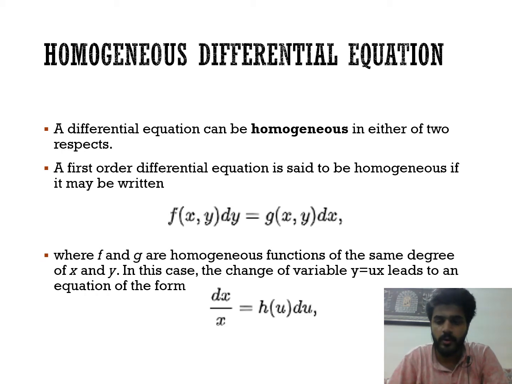A first order differential equation is said to be homogeneous if it may be written in the form f of x,y with respect to d of y equals g of x,y with respect to d of x.